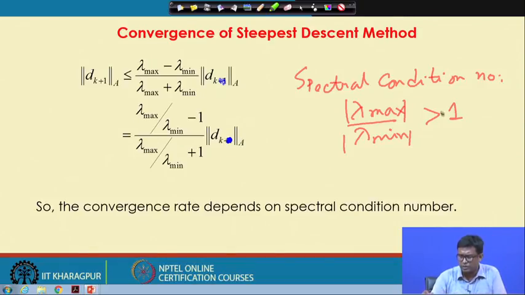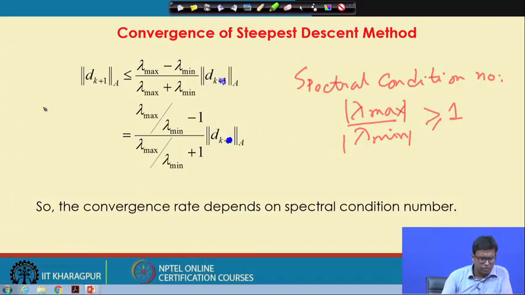As this value is close to 1, this number is smaller, it is a very small number. So, in very few steps the error d_{k+1} should approach 0.